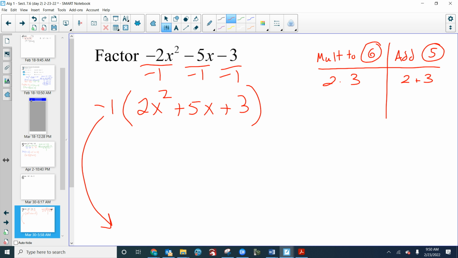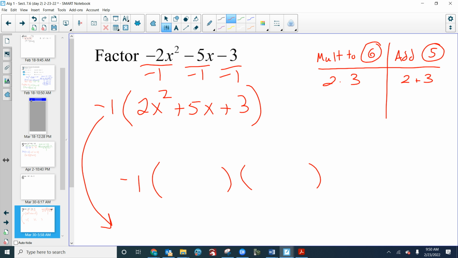So our negative goes out front. Make sure you write that negative out front. Now we're going to have our 2 sets of parentheses right there. Now I could just write a negative. We know negative 1 is the same as just having a negative out there. It's understood to be a negative 1.